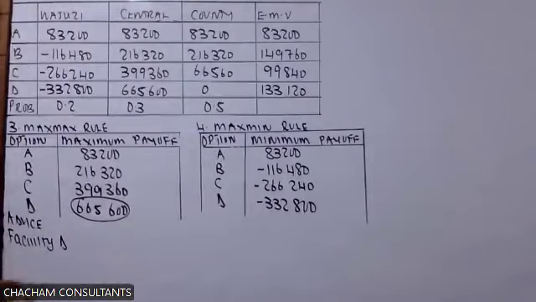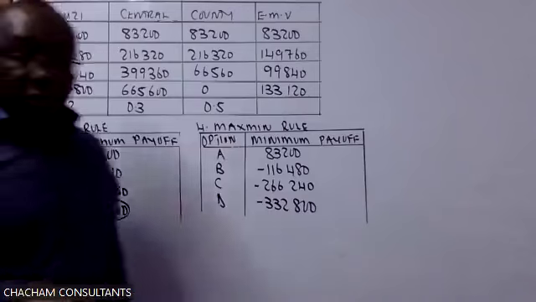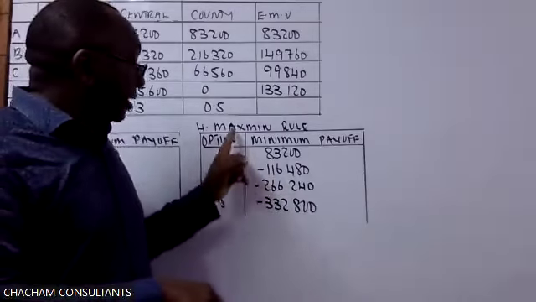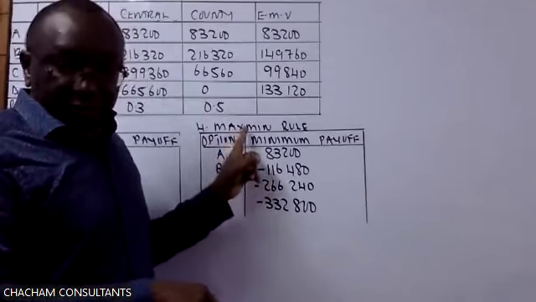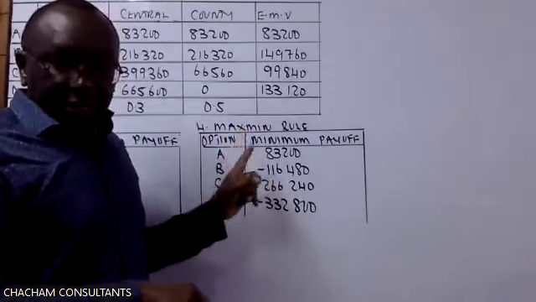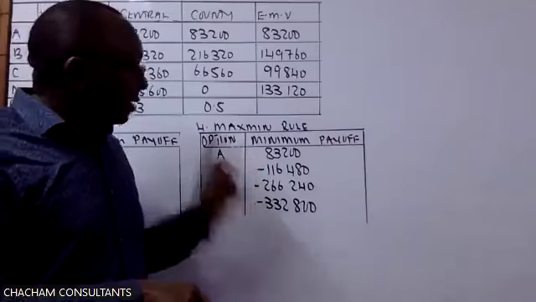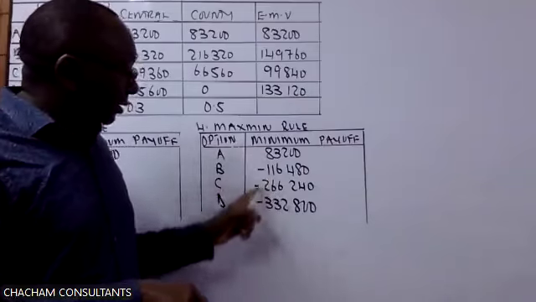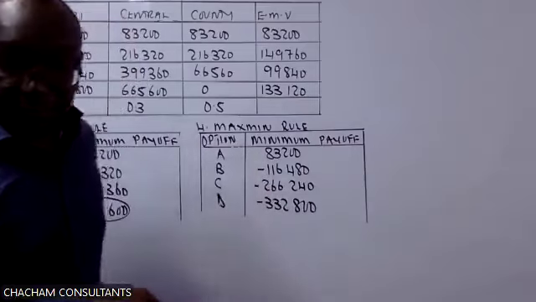So with that, this rule is read as select the maximum of the minimums. So tell me, what is the maximum of these minimums?